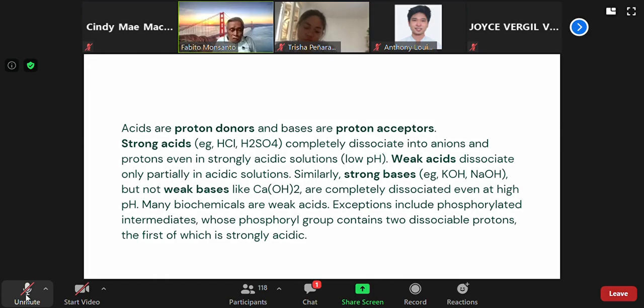So, in the dissociation of hydrochloric acid, your chloride is your conjugate base. Okay, no? Now, as well in sulfuric acid, your sulfate is the conjugate base of sulfuric acid.